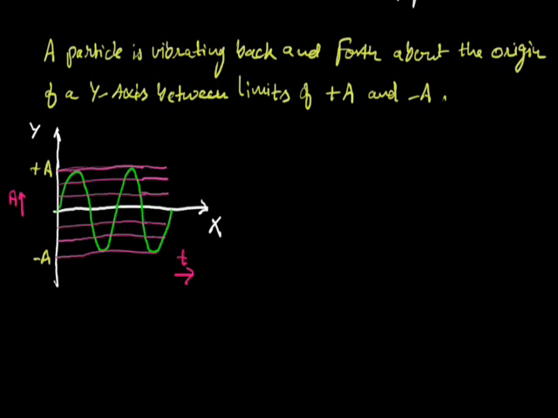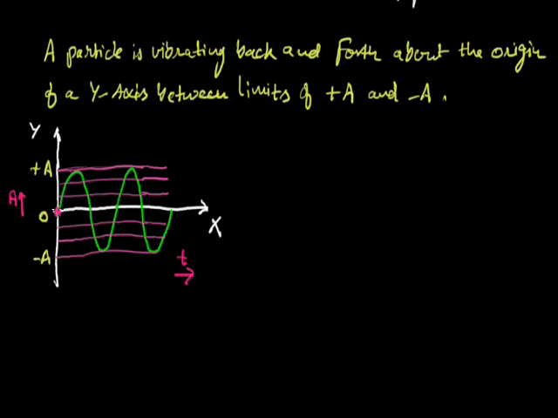See in the given diagram, suppose an object is here at the position of coordinate 0, 0, or you can say the position of origin at O. Here we are considering that this particle is at rest at initial position O, and it starts to move towards positive y-axis up to the maximum displacement plus a, and again comes back towards its mean position, crosses this position after some time and moves to the maximum displacement in the negative y direction, and again moves towards its mean position.